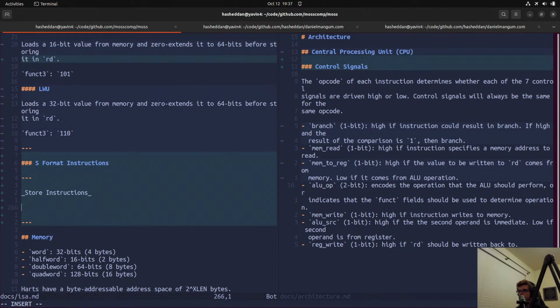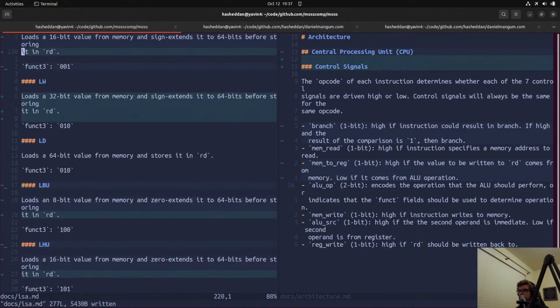Cool. Store instructions. Let's just take these same ones here.